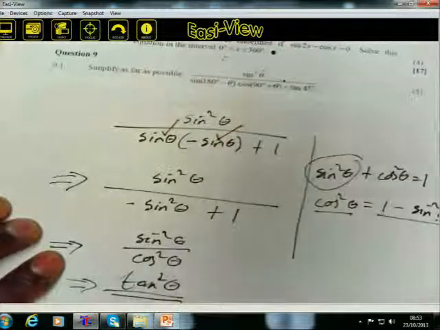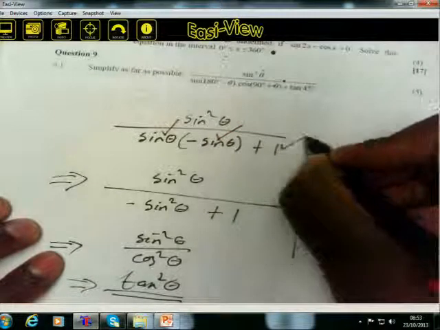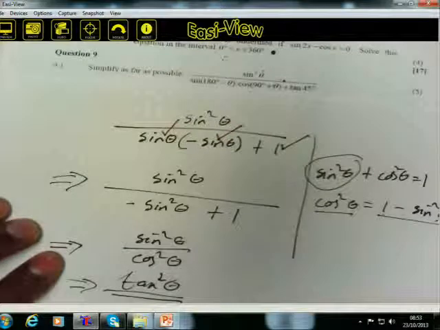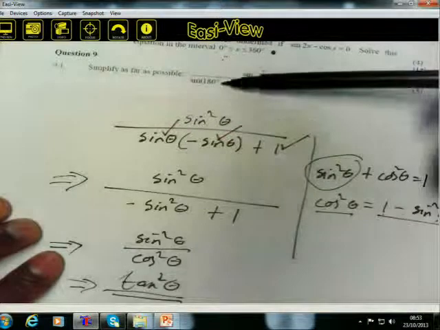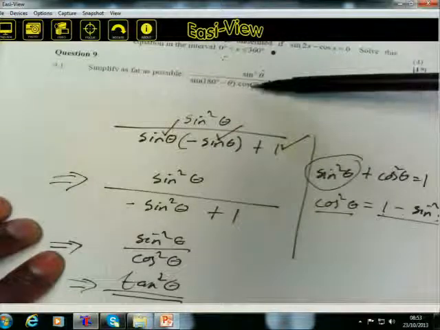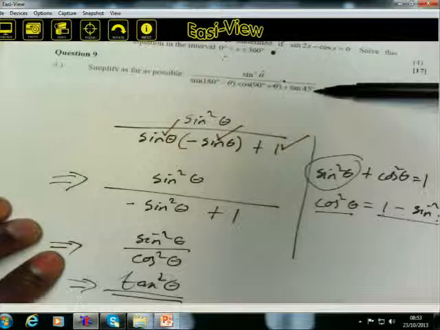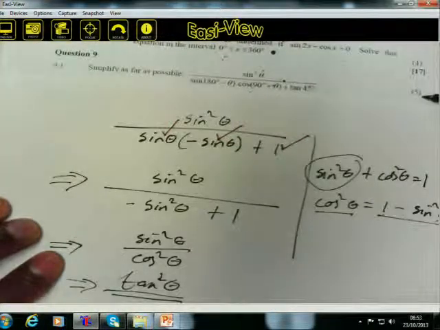Tangent of 45 degrees is equal to 1, you'll also be allocated a mark for that. So a mark for reducing 180 degrees minus theta to an acute angle, a mark for reducing the cos of 90 degrees plus theta, and a mark for finding the value of the tangent of 45 degrees. Remember, total marks is 5 marks. So 3 marks are allocated there.